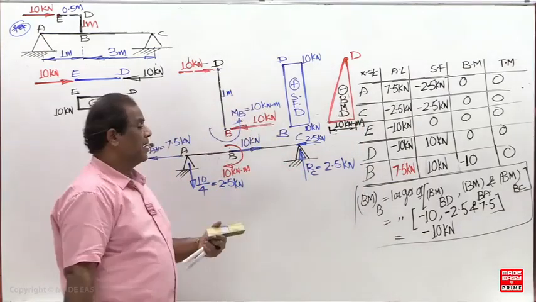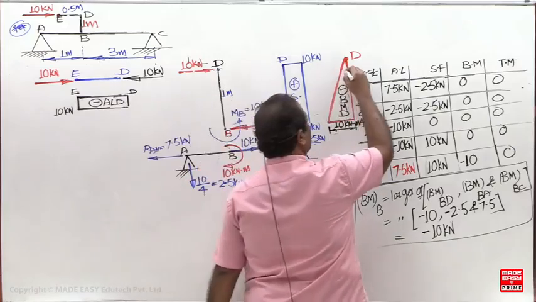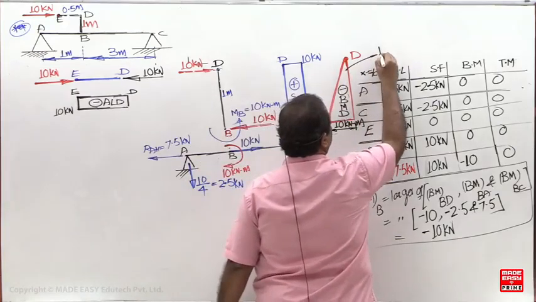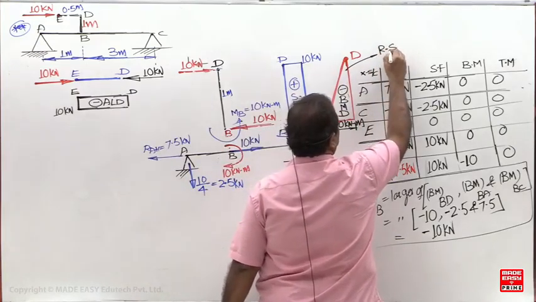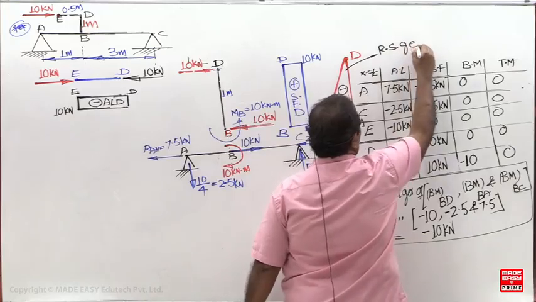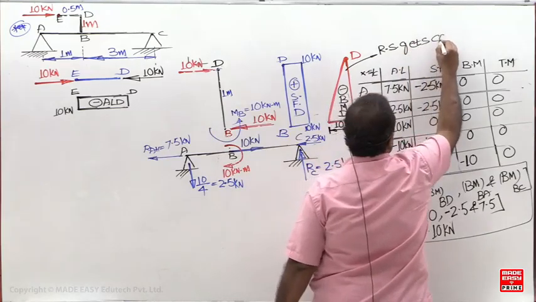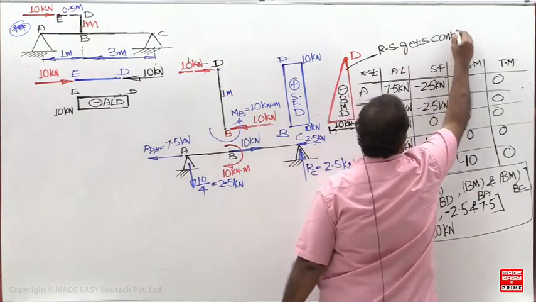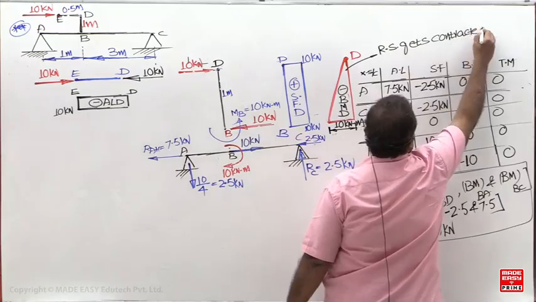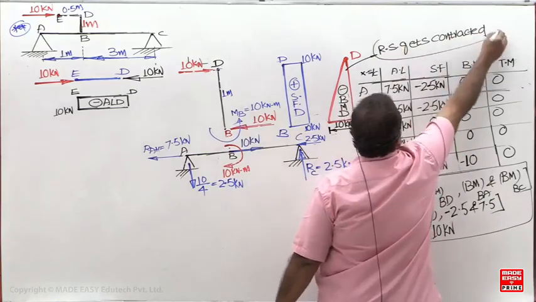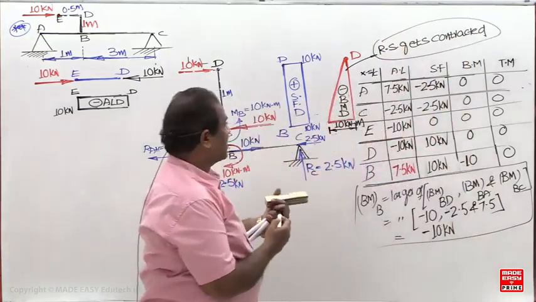What is the meaning? BMD is negative. What is the meaning of BMD negative here now? Right side surface gets contracted.